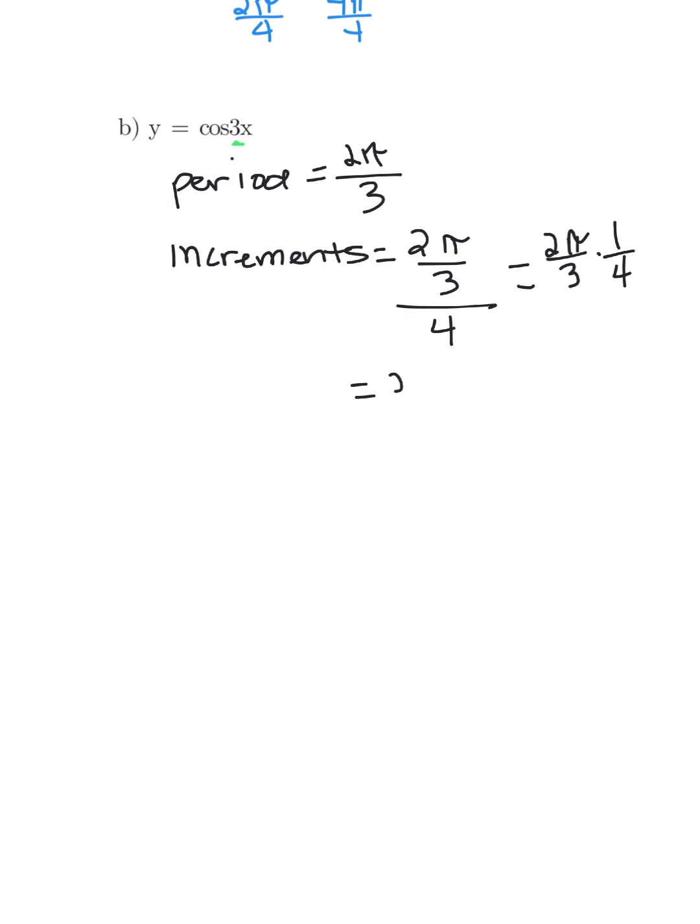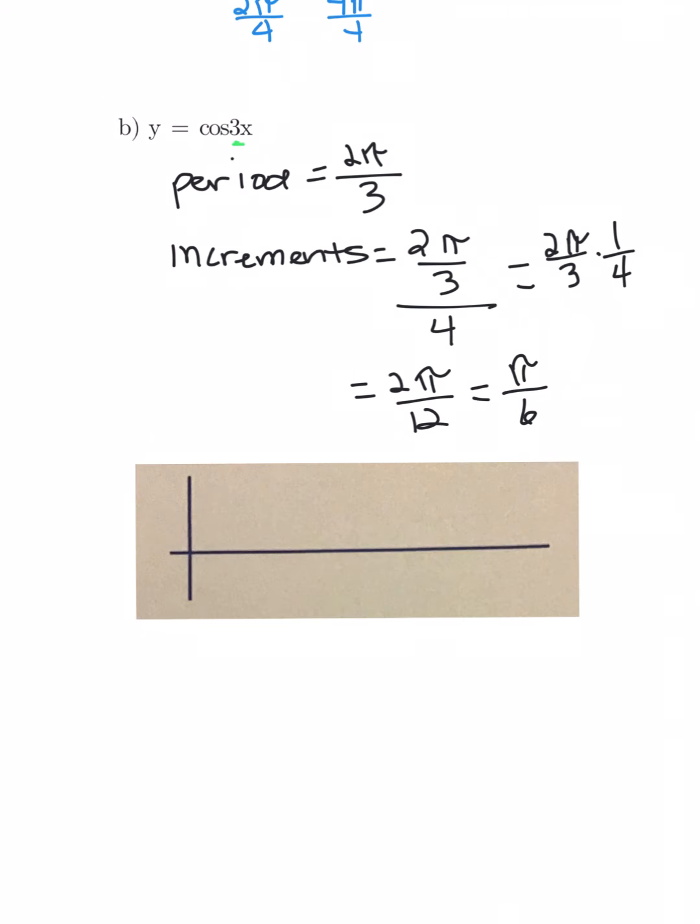So that becomes 2 pi over 12, which simplifies to be pi over 6. So pi over 6 is how we will need to count when we are setting up the labels on our graph. Because there was no a on this problem, our high and low are going to be 1 and -1.